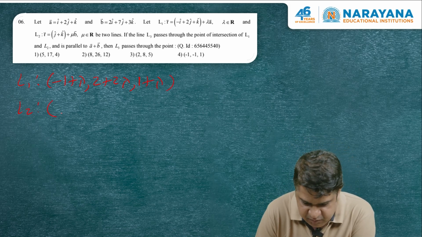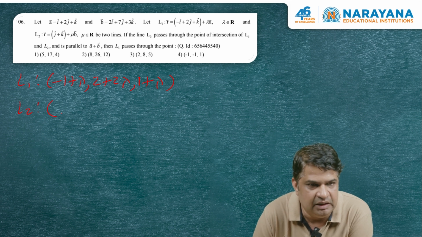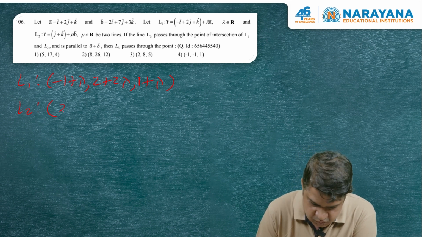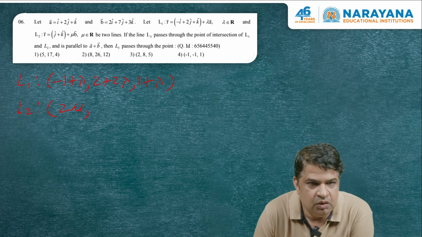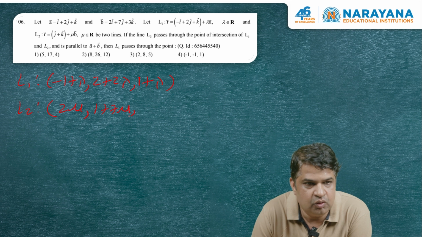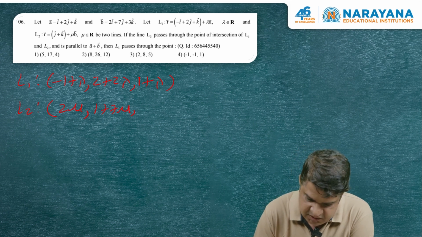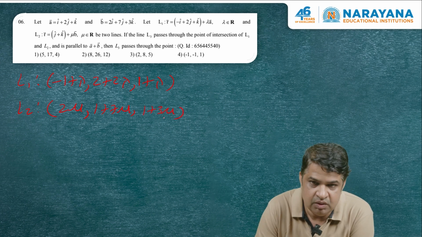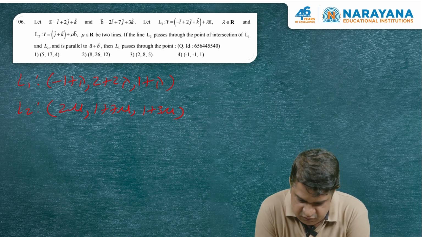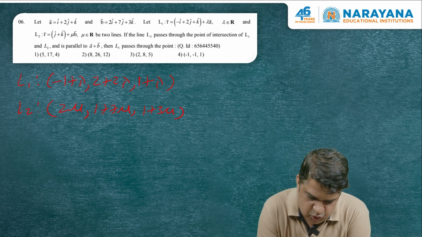Similarly, what is any variable point lying on the line L2? So, it is 2 mu comma 1 plus 7 mu comma 1 plus 3 mu. Now, L3 is a line passing through the point of intersection of L1 and L2. So, let us calculate the point of intersection.